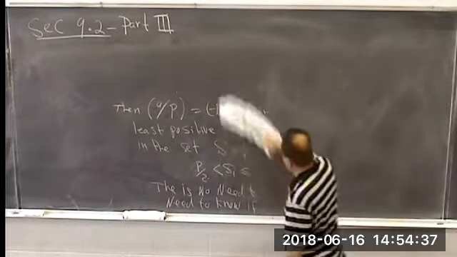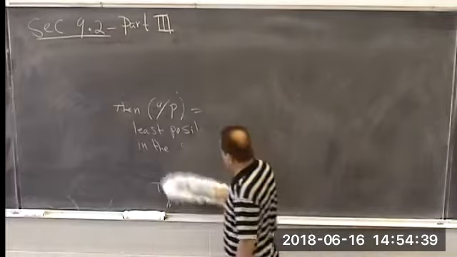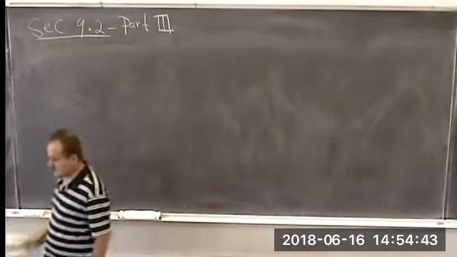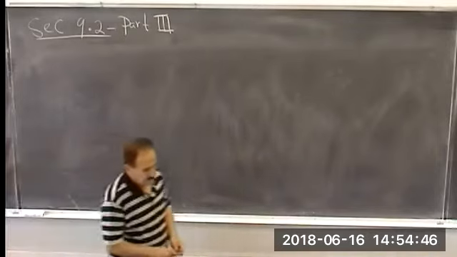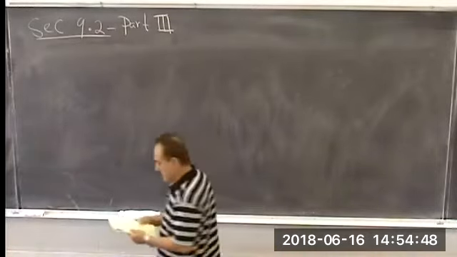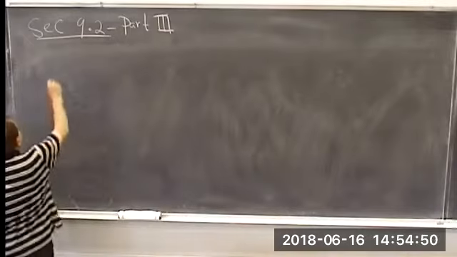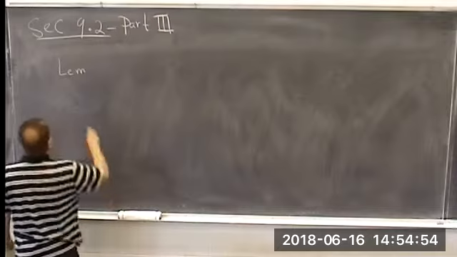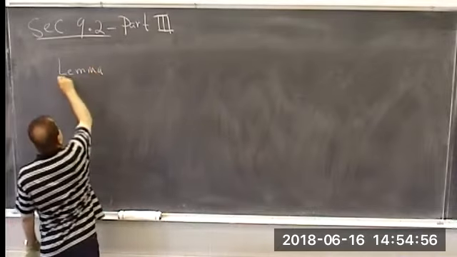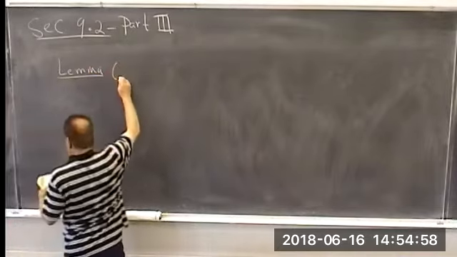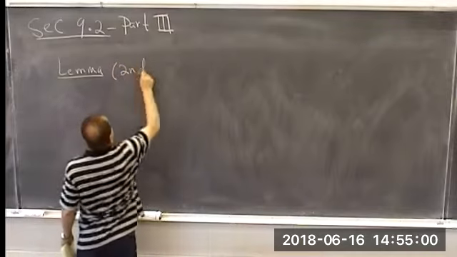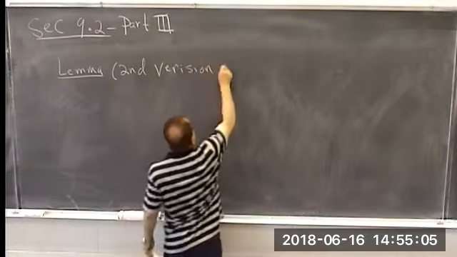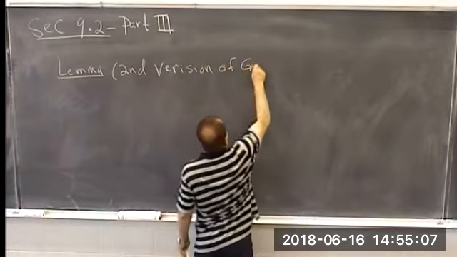So let me put the statement. It's called a lemma in the book, and we call it the second version of Gauss's lemma.